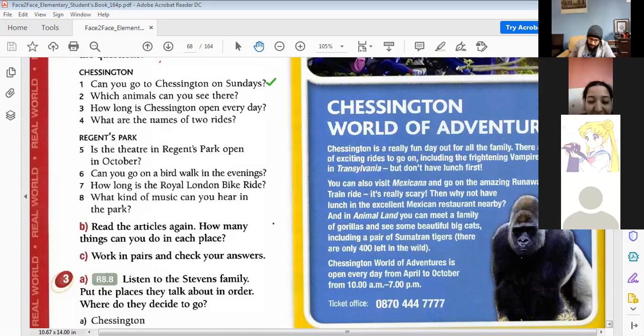But what does it mean when we say vampire? Who has heard of this word? People who eat human meat. Close. Yes, you're close in the description. Not meat.